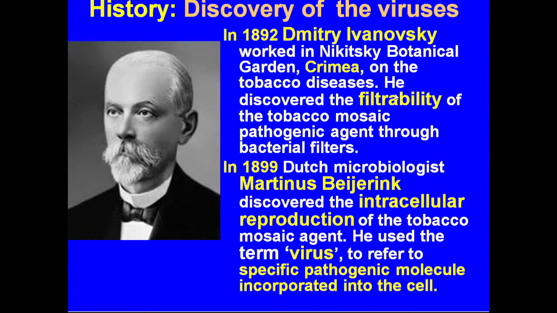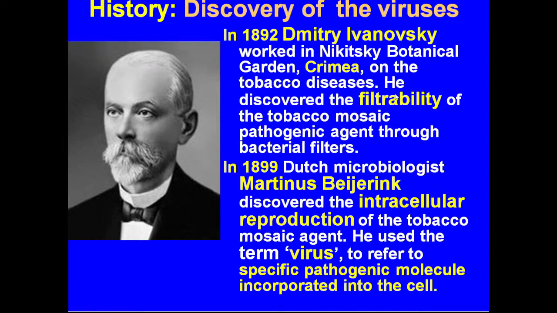But when he mashed the tobacco leaves and passed them through a filter that was supposed to stop bacteria, it appeared that the filtrate of this mass was still infectious.